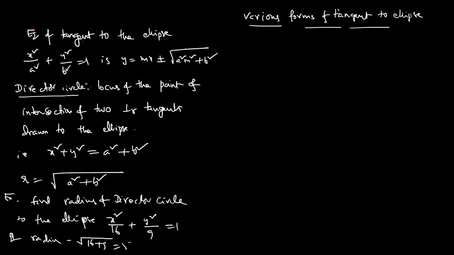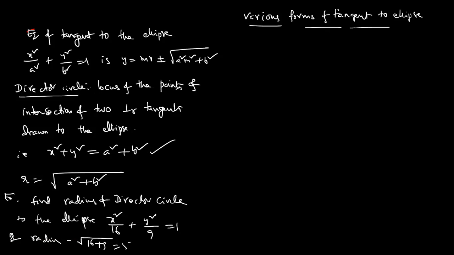Now see. So equation of the tangent is given, see. Just recall the formulas. X square by a square plus y square by b square is equal to 1. What is the equation of tangent in terms of m? What is the director circle here? That is the locus of the point of intersection of two perpendicular tangents drawn to the ellipse.